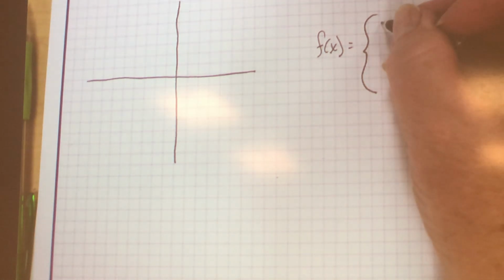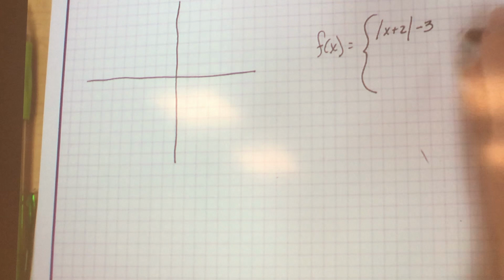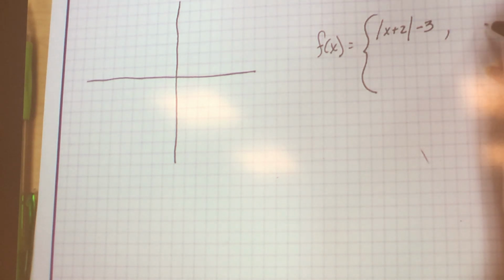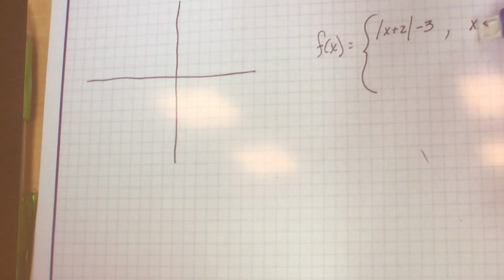The first equation is the absolute value of x plus 2 minus 3, comma, x is less than, not or equal to, just less than, negative 1.